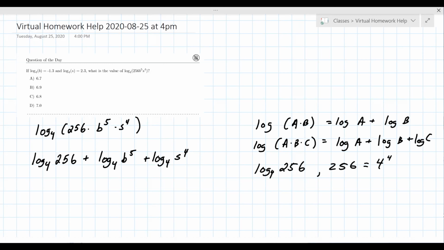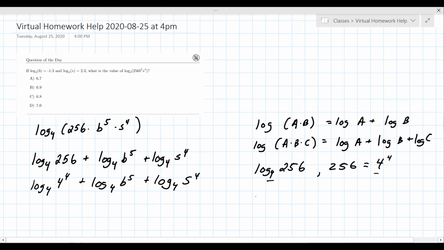They know that it takes a while to calculate this by hand, so if you know this ahead of time, it just saves you a ton of time. The other sort of hint here is that this 4 had to match this 4 here. So that's a way to shorten up your time. Log base 4 of 4 to the 4th plus log base 4 of b to the 5th plus log base 4 of s to the 4th.